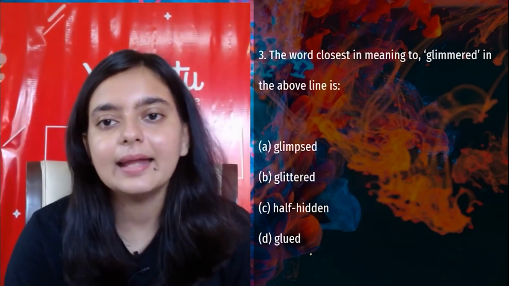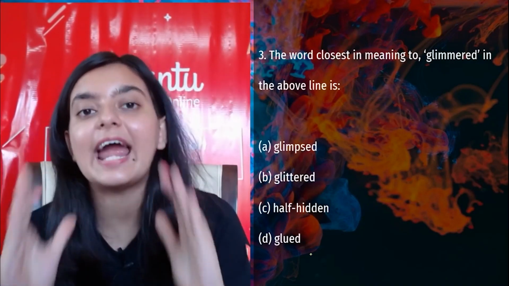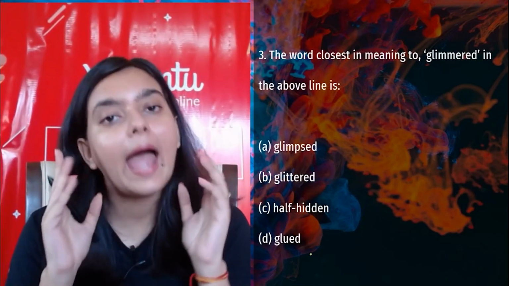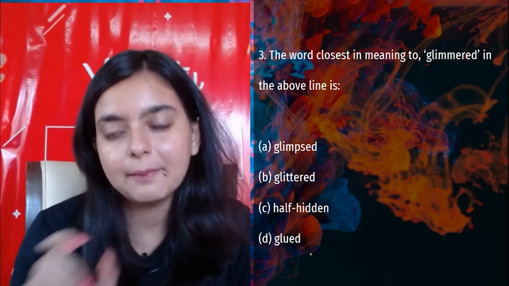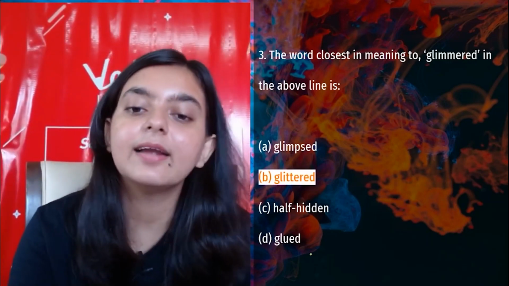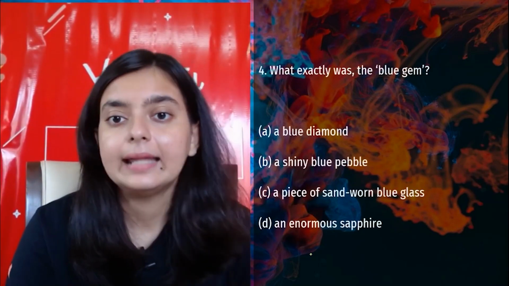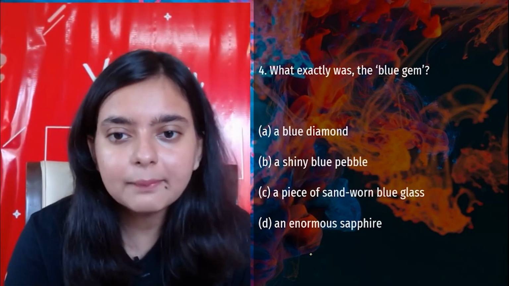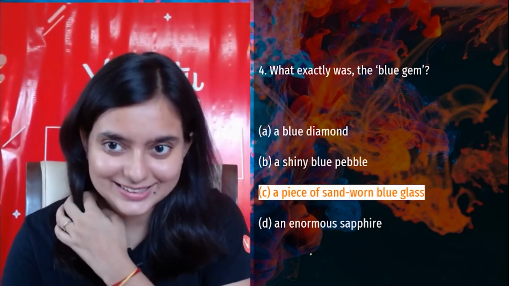Okay, and then we have the meaning, the vocabulary, which I give you at the end of each chapter and poem also. Please note that because questions from vocabulary have come in your sample paper. Glimmered means glittered, shiny. Okay, then what exactly was the blue gem? A piece of sand-worn blue glass.